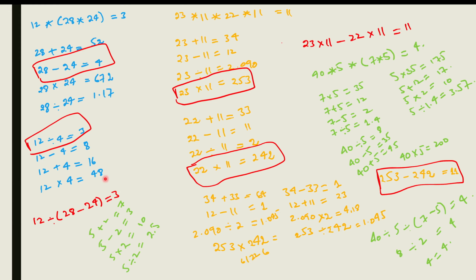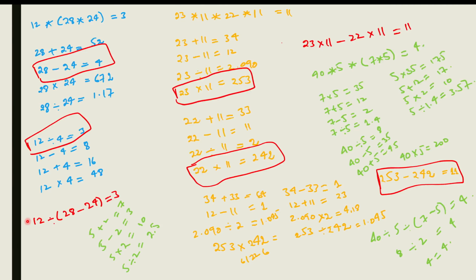Among these four, only the first one, the division operation, can make our equation true. That is 28 minus 24 and 12 divided by 4, because 12 divided by 4 is equal to 3. This way our right hand side and left hand side become equal. So 12 divided by, in the parenthesis, 28 minus 24, equals 3.